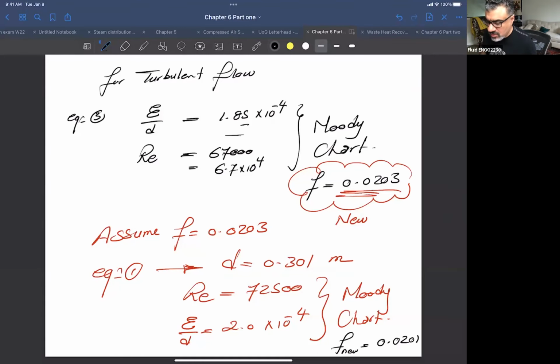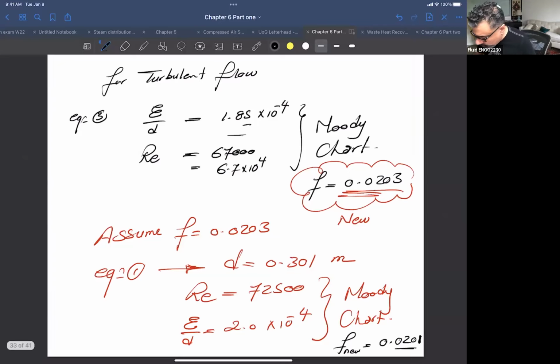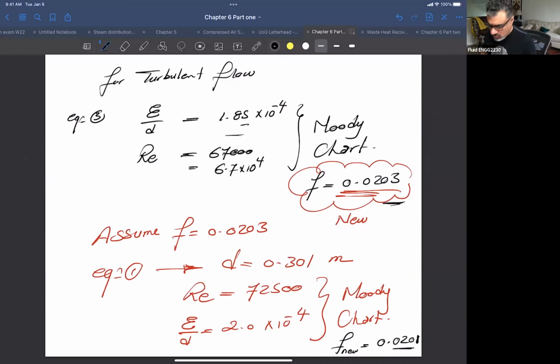Okay, I actually calculated these values based on the equation that I have on my computer, but it's the same thing from the Moody chart, right? So the Moody chart here is giving you a value that is close to the previous one, right? So you assume this value and you are getting this value. This is close enough, right? So we can say that 0.0201 is your new friction factor, right?